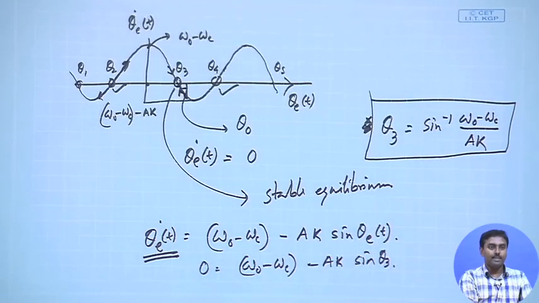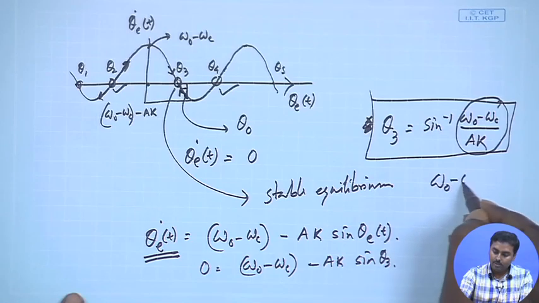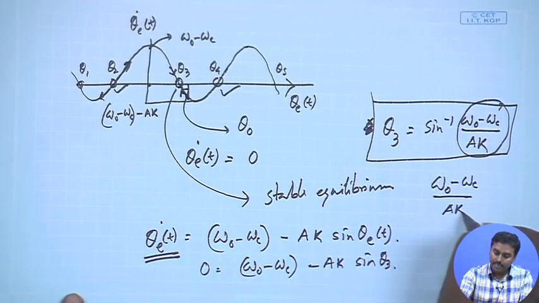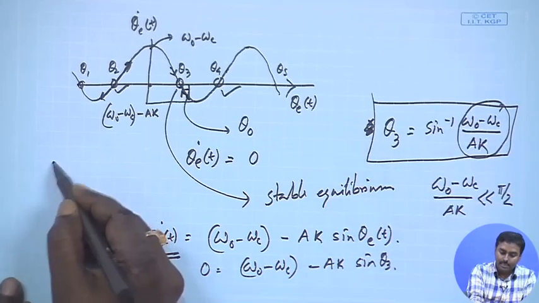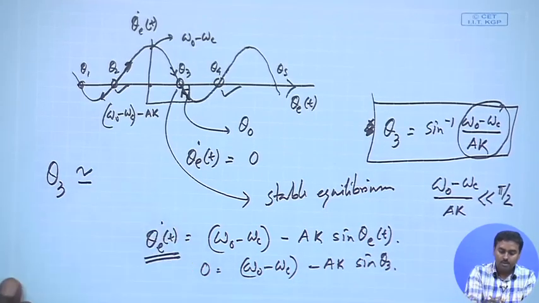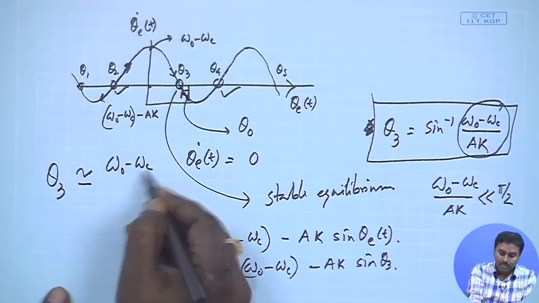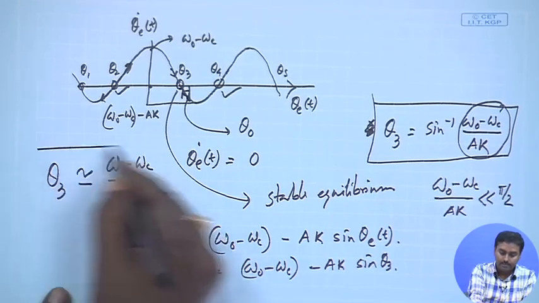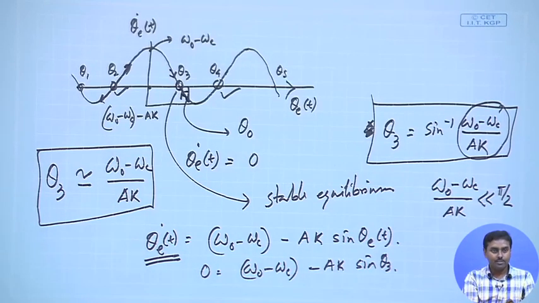A very nice thing has happened. If this is pretty small, that means omega 0 minus omega c divided by a k is much smaller than pi by 2, I can write theta 3 almost approximately equal to omega 0 minus omega c divided by a k. Remember what was the filter I have put? It was H of s, a first order filter.